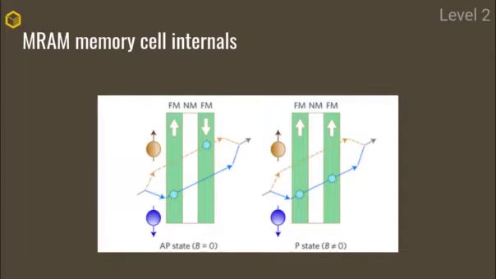So let's say that we have 3 layers of a material. One has a positive polarization, one is just a classic film, a classic metal, and one has a negative polarization.